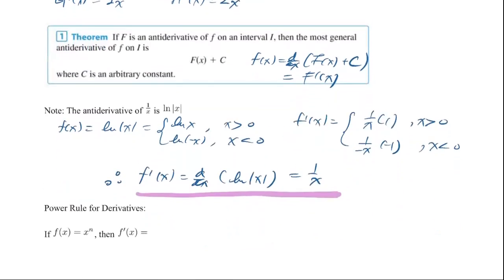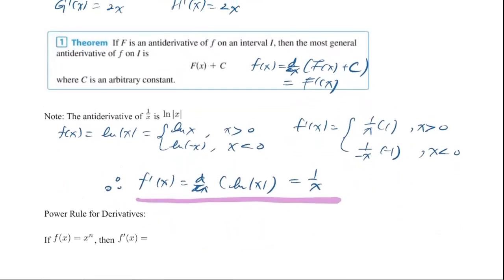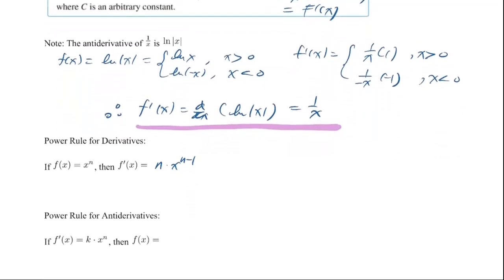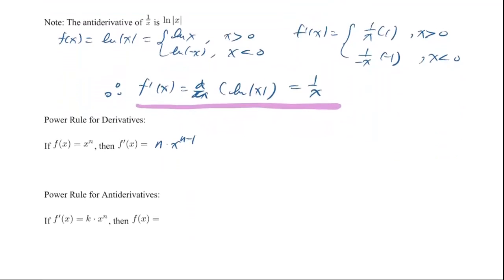So let's harken back to the power rule. We know that when you take the derivative, you get n times x to the n minus 1. But the question is, what happens when you go the other way, right? Okay, so let's think about this for a second.